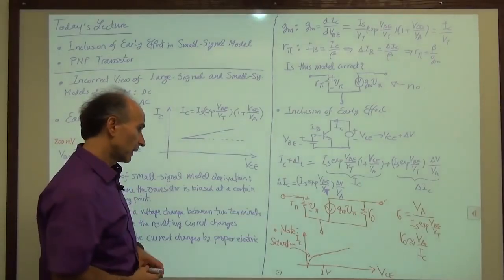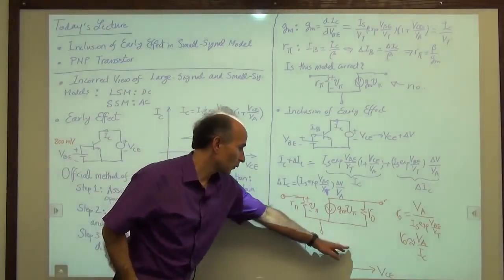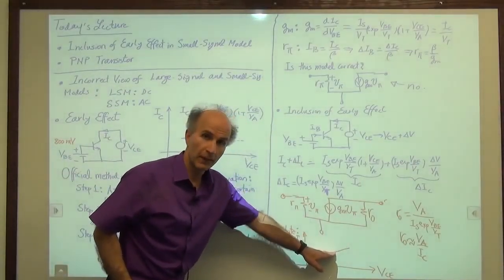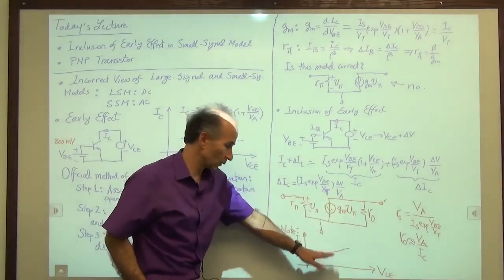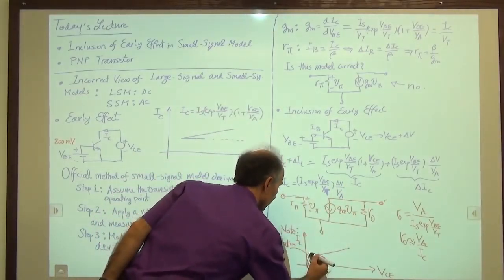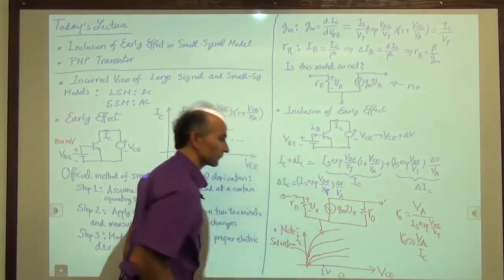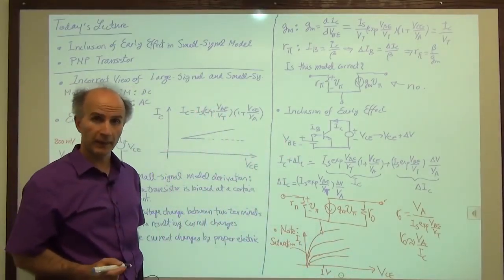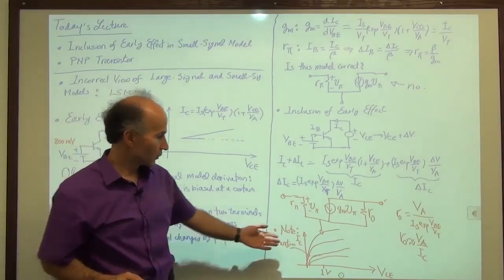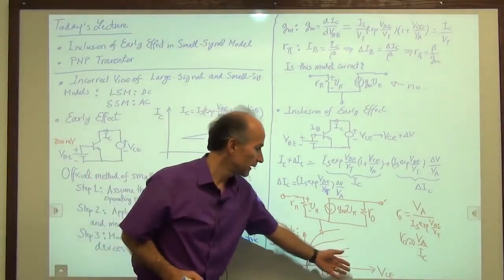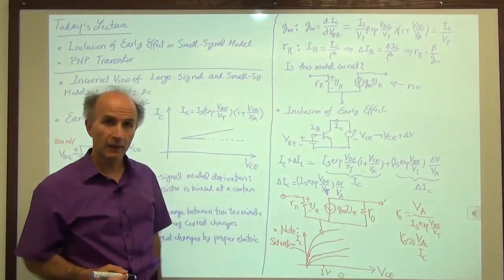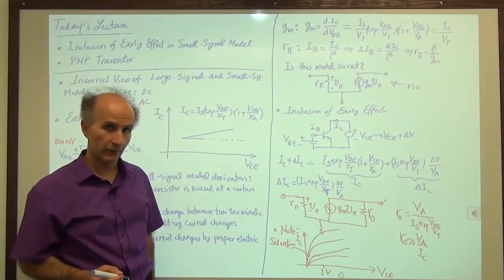Now, this was for one base emitter voltage. If you have a different base emitter voltage, we get a similar plot. So we have a bunch of plots that go like this, for different base emitter voltages. This is a general IV set of characteristics for the bipolar transistor.